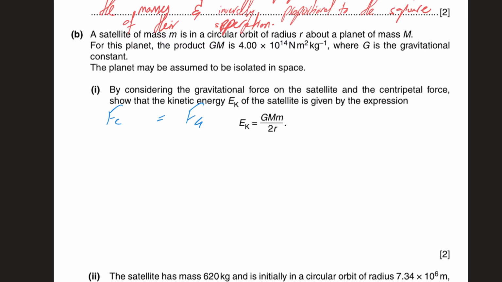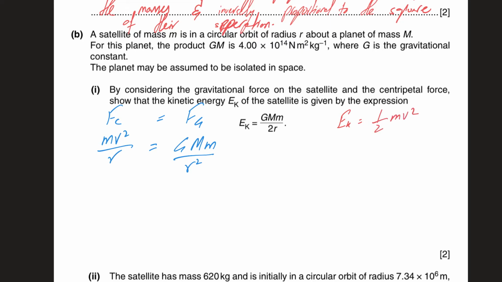The equation of centripetal force is mv squared upon r, which equals Fg, that is GMm upon r squared. Now we want Ek on one side of the equation. We want kinetic energy on this side. The formula for kinetic energy is half mv squared. Let's write that down here. Ek is half mv squared.